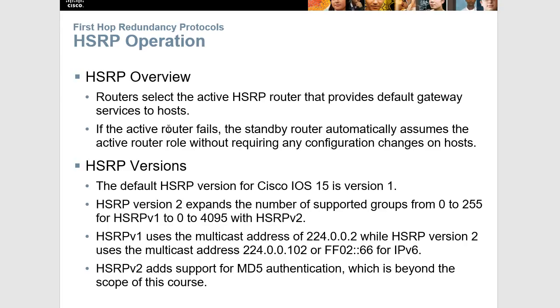If the active router fails, the standby router automatically assumes the active role, as we talked about before, without requiring any configuration changes on your hosts. The default is version 1, but I believe we will set up version 2 in the example, which increases the number of supported groups. It changes your multicast address and adds MD5 authentication support, which you can see down here.